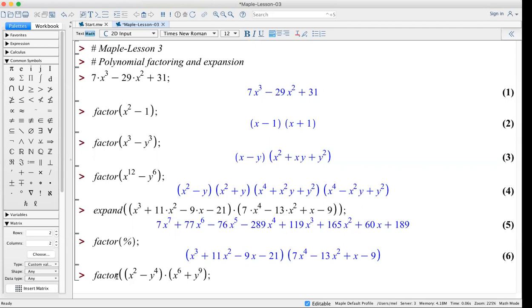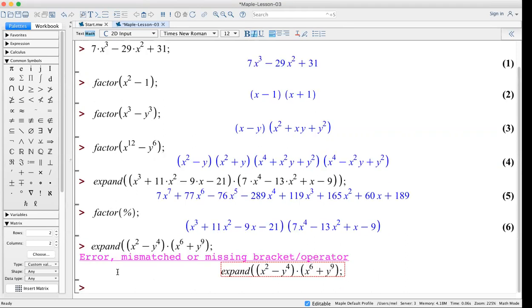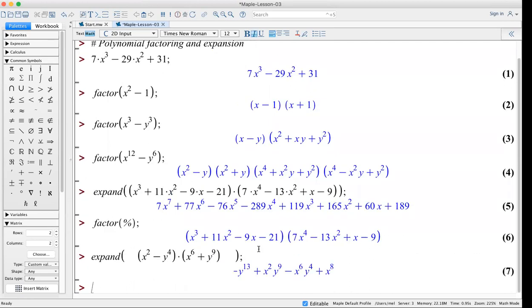Actually, before I factor it, let me expand that. It's more interesting. Oops, missing operator. I forgot the parenthesis here. What's inside the expand? Let me put in some extra spaces. This is what I'm going to expand, and I have to have that inside parentheses. So if you multiply it out, that's what you get.